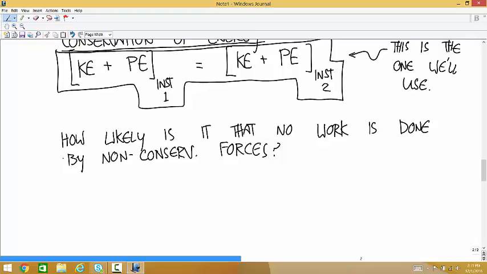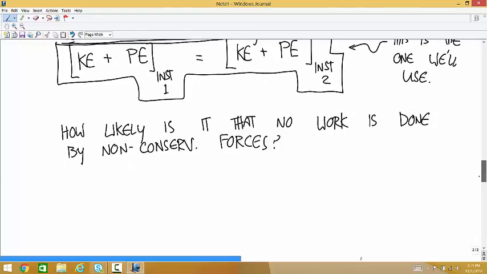Well, remember when I was talking about what work is yesterday, I said that if the force direction is perpendicular to the direction of motion... What I said was this. The work was equal to the magnitude of the force times the magnitude of the displacement times the cosine of the angle between them.